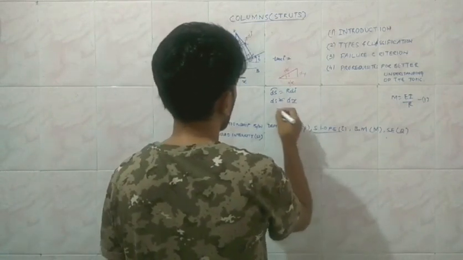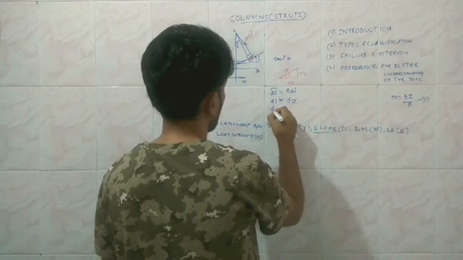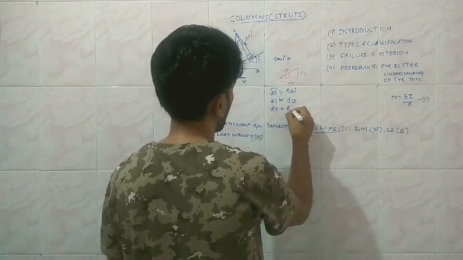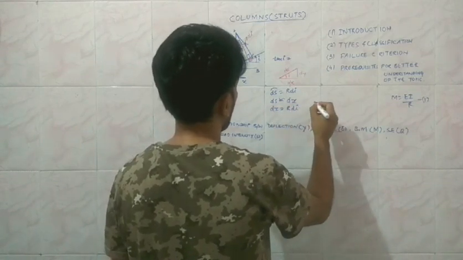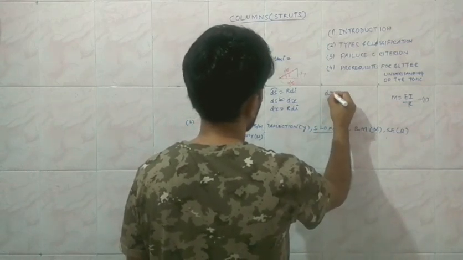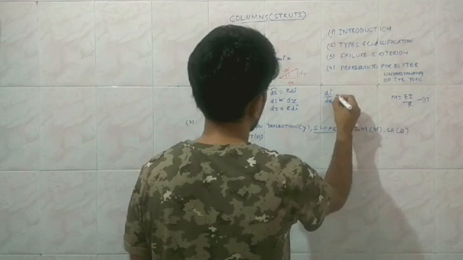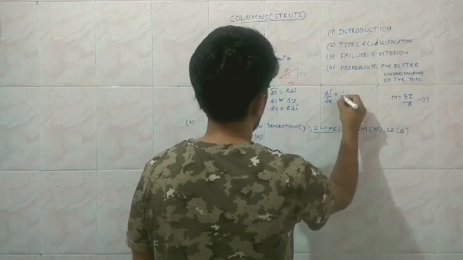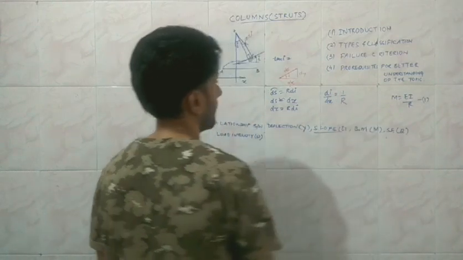So we conclude that dx is equal to R into di, and from here we find the relation di upon dx is equal to 1 by R.